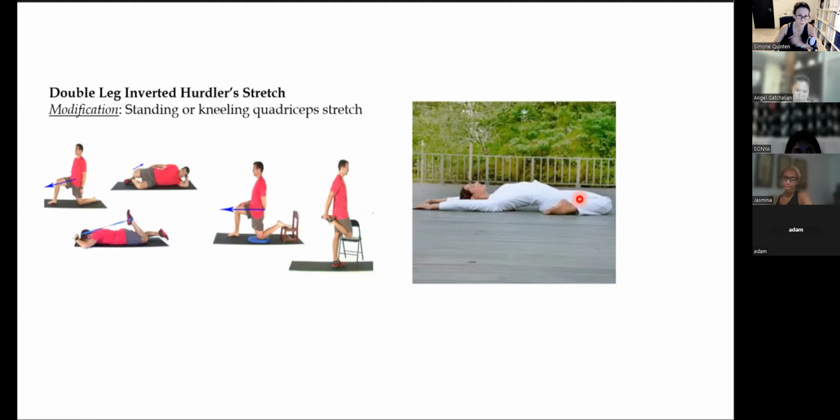Quadriceps is 4 muscles. When you're doing this exercise, your leg is slightly in a different position. It's not here. You can see it's slightly more to the outside. And with this position, when you are turning your legs a bit further to the lateral side or to the internal side, you can actually stretch all 4 heads of the muscle. It is a very good exercise, okay?